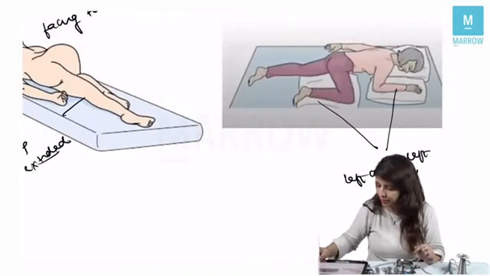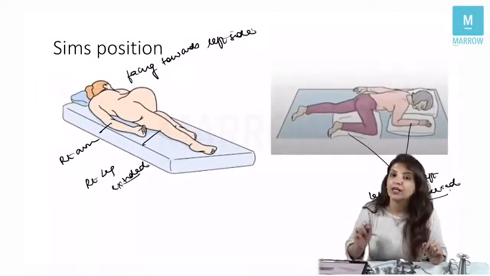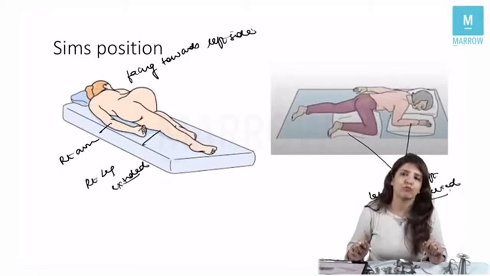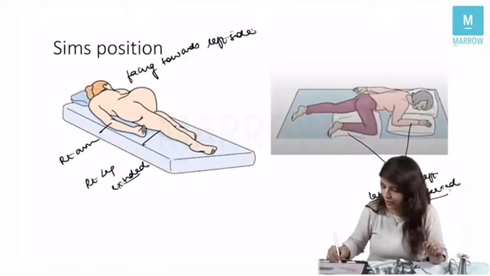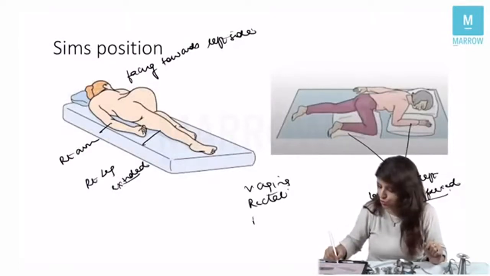Right? This position is called the SIMS position. SIMS position is very important because if you want to examine the vagina, you can examine the vagina in this position. For rectal examination, you can use this position, and you use this position to give the enema, right?